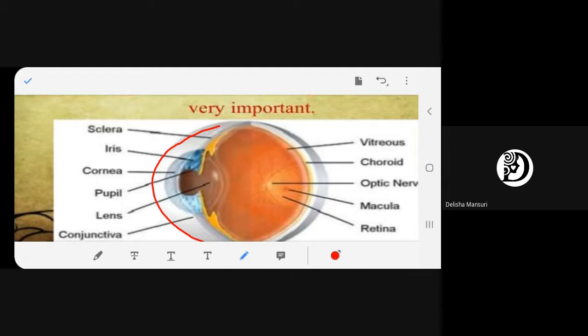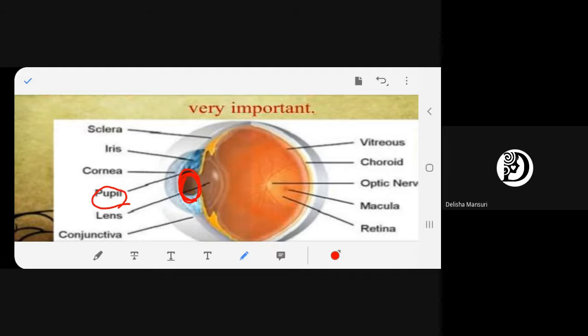Then we have a bulge, a bit of bulge. See this one. This is the cornea. It is a bulge in the center. You have then in the center black, blue or brown color: the pupil. Can you see this?